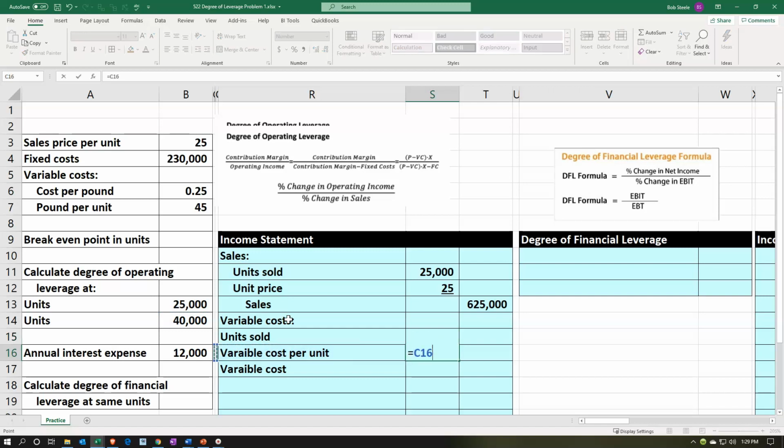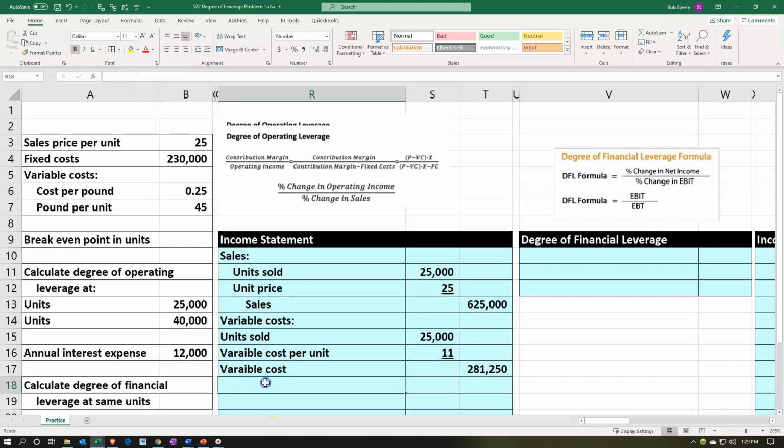And then the cost, it takes 45 pounds for 1 unit, and each pound costs 25 cents, we figured out. And so that means that it's going to be $11. So if we multiply those out, the 25,000 units times the $11 for the variable cost, that's going to give us the 281,250. Let's put an underline below the 11, Home tab font group, and underline there.